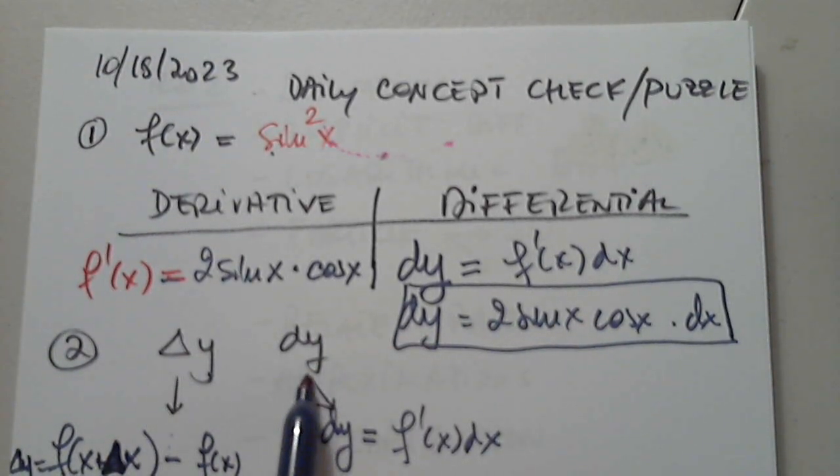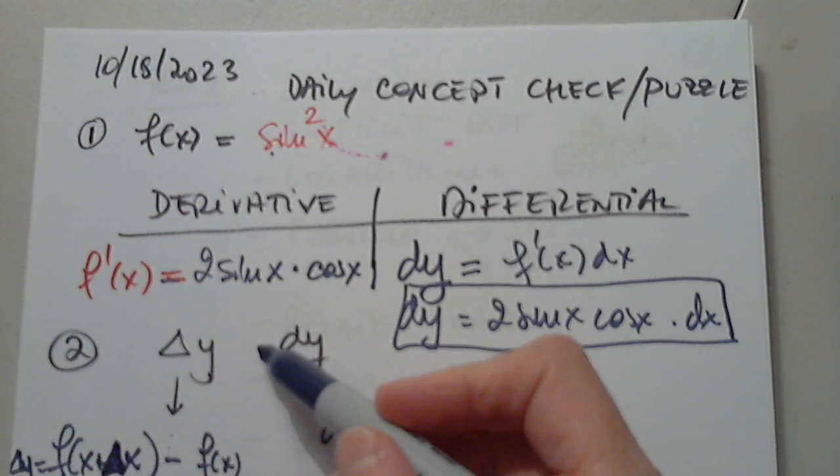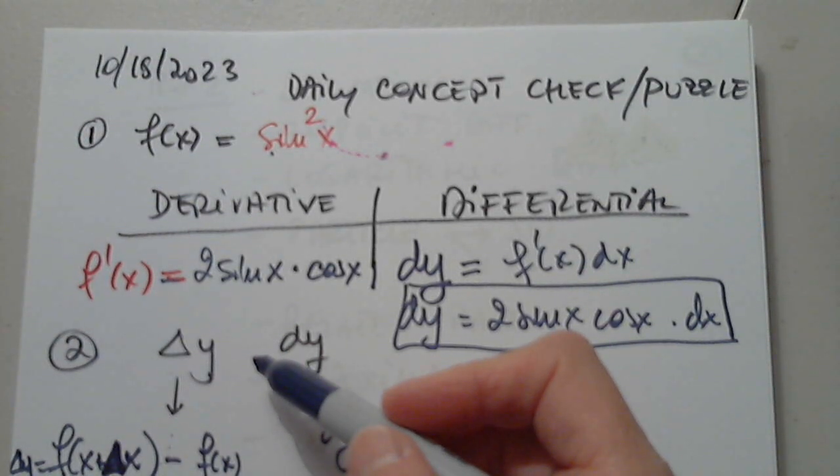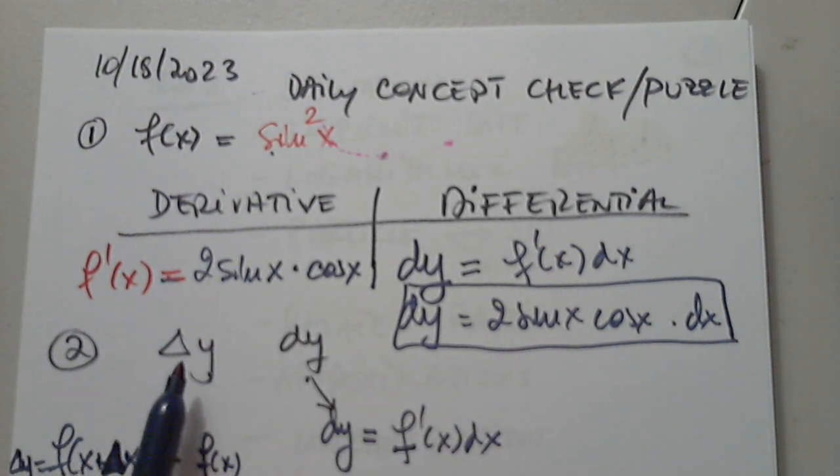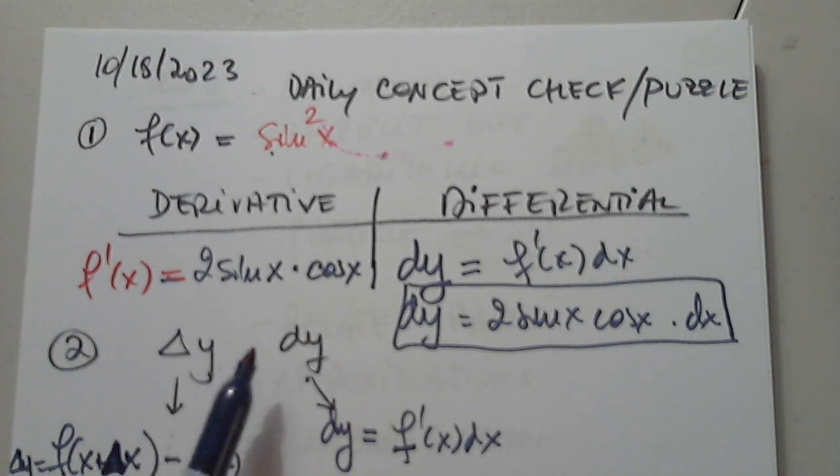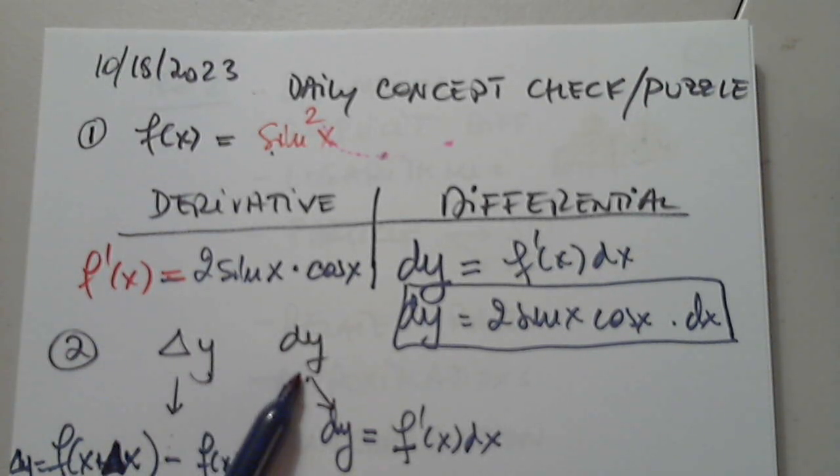What is the relationship between these two, the exact change and the approximation using the derivative? What is the relationship between these two quantities?